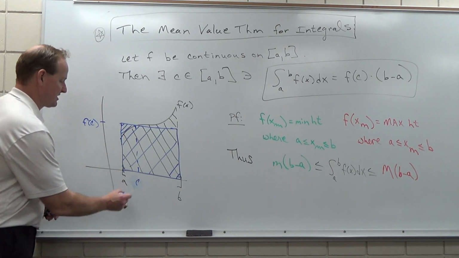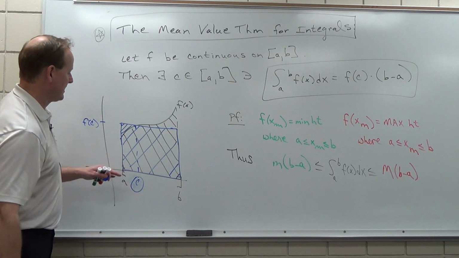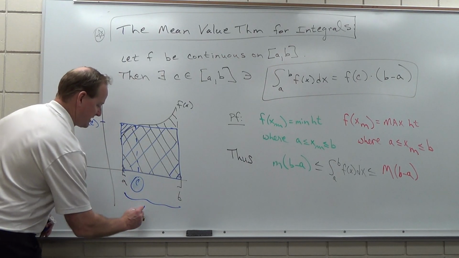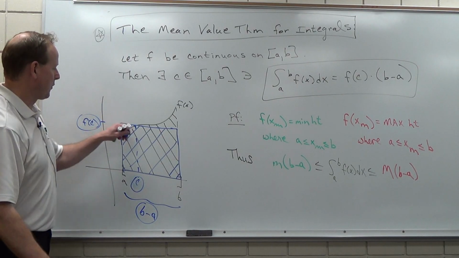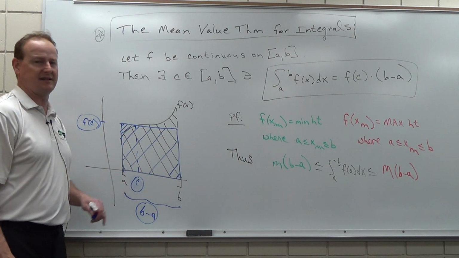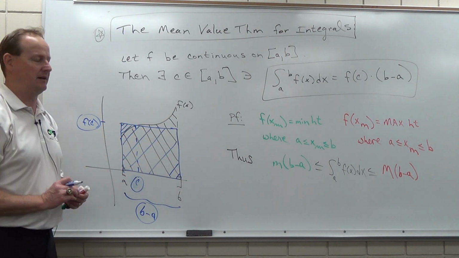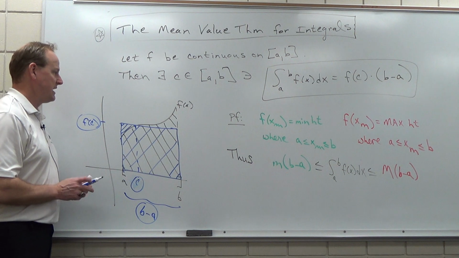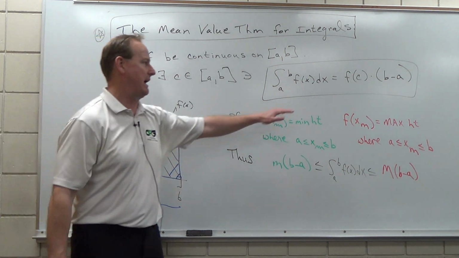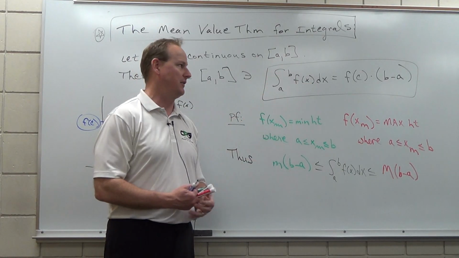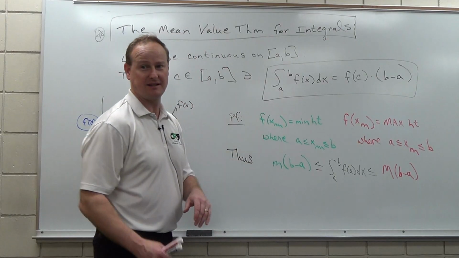But basically I'm saying there's at least one c on or in between a and b such that the base times the height, the base is b minus a, times the height f of c, for that c there is at least one point c in here where this area is actually going to be the same area under f of x here. So what's nice about that is this is for area, but this is true whether it's actually area or whether it's above or below the x-axis, things of that nature too. So let's prove this thing, shall we?